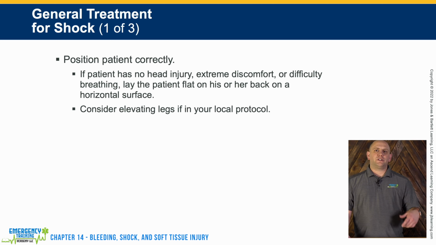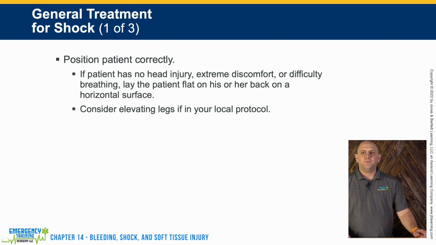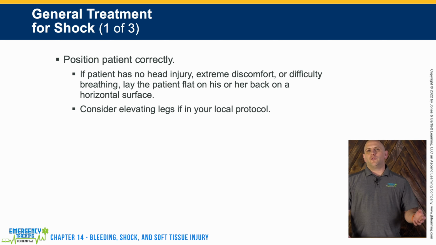As with all of our patients, we want to make sure we're maintaining their airway, breathing, and circulation. If needed on these patients, we want to perform our rescue breathing or begin CPR if they have gone into cardiac arrest. We want to try and look for and treat any signs of shock if possible.